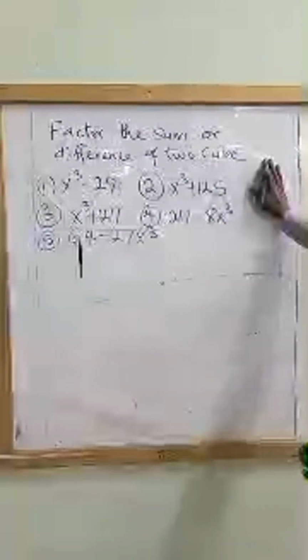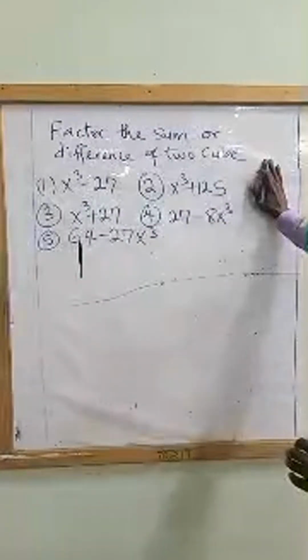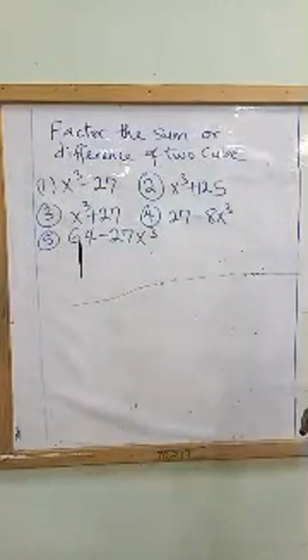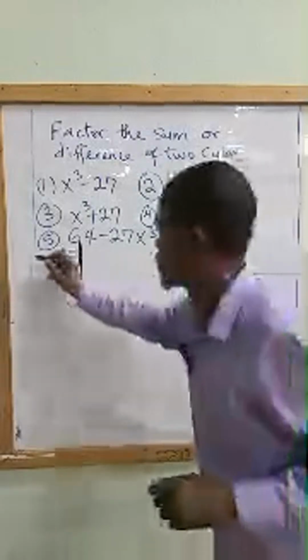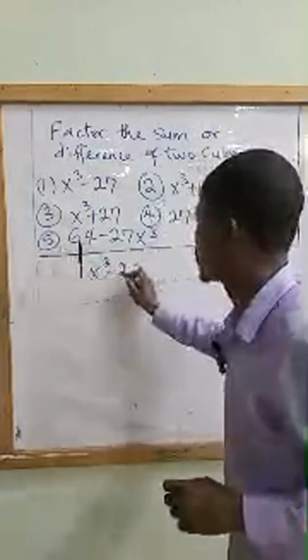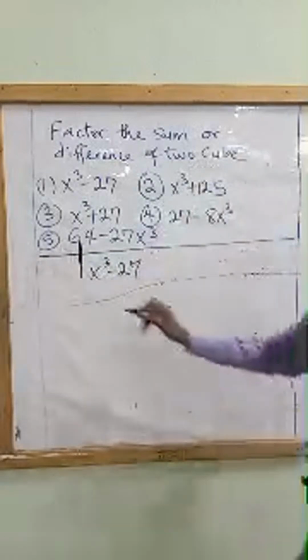Factor the sum or difference of two cubes. The first one, we have x cubed minus 27.